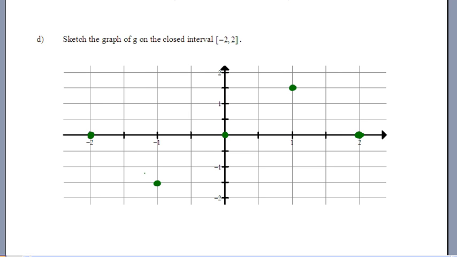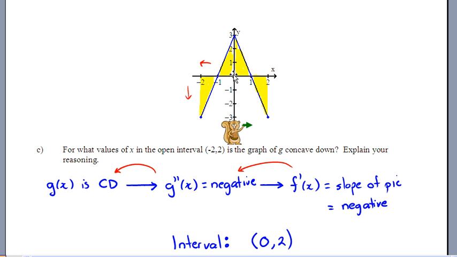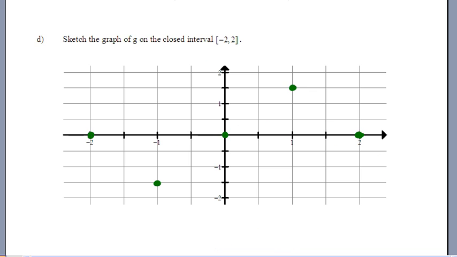I'm going to have a local minimum at -1. I know there's a local minimum there because I can see the graph. If I'm thinking about g, its derivative, which is f, is going to make a change in sign at -1, and it'll make a change in sign at 1 as well. So this graph actually looks kind of like this. That would be my sketch.